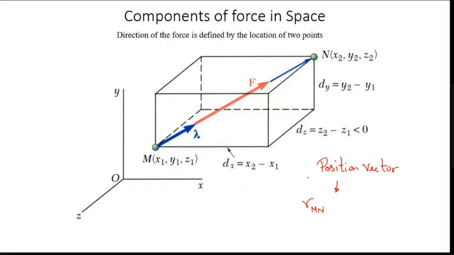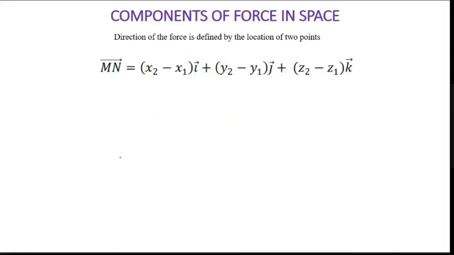The position vector identifies the particular distance between the two locations of your force. So this indicates the position of your vector. Once you get the position, I got position vector m1, which is equal to x2 minus x1 i vector and so on.